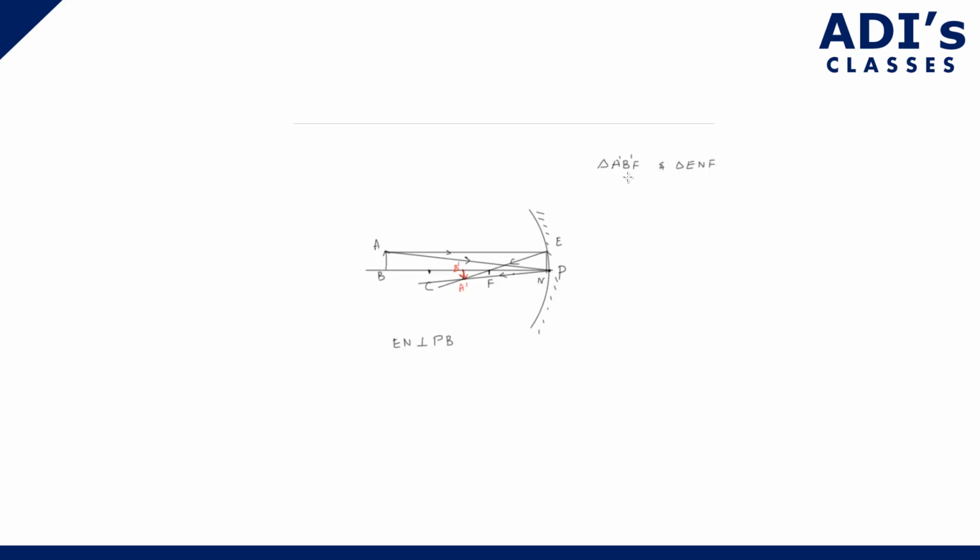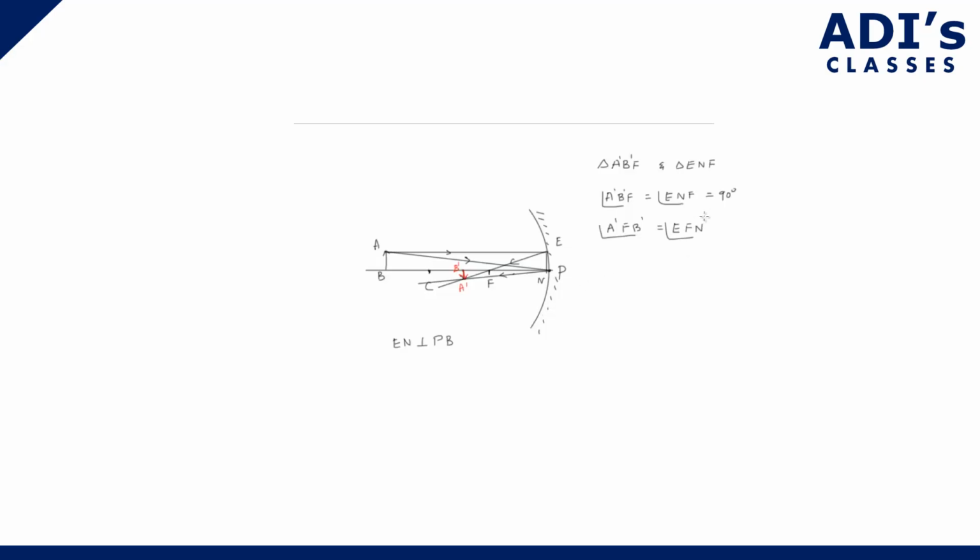Now these two triangles are similar because angle A dash B dash F and angle ENF are both equal to 90 degrees. And angle A dash F B dash and angle EFN are equal because they are vertically opposite angles.